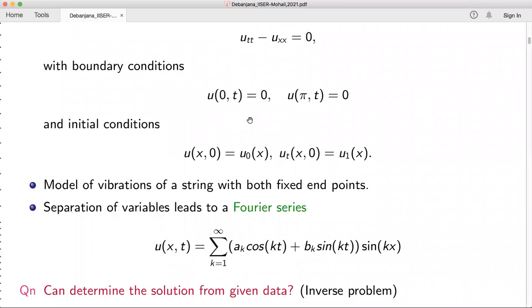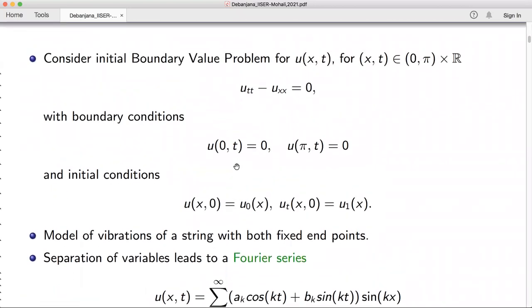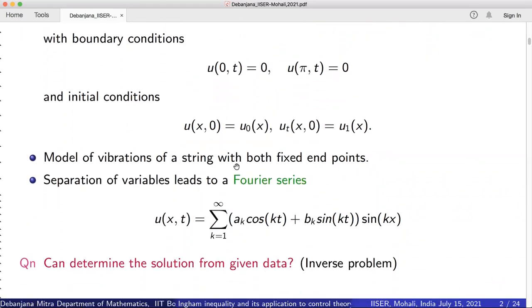Now if you remember from your very first PDE course, you have many tricks or methods to solve this wave equation, because this is a simple one dimensional wave equation. One way is using separation of variables.